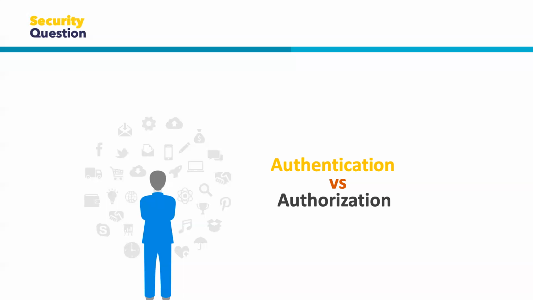Just to be clear, because later on we will be discussing this topic: authentication is identifying who the person is, while authorization is what the person can do. Are you authorized to do this, or to do that? Is that clear? No question on this part? I'm clear, sir. Okay, that's very good.